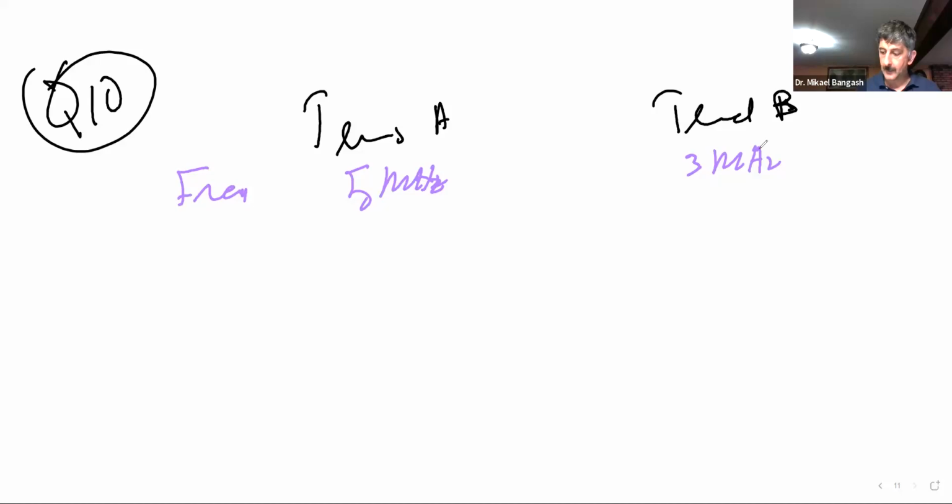Clear? Now, which transducer is more likely to create a more accurate image with respect to axial resolution? Which transducer probably has the lower numerical value of axial resolution? So here they're asking us two things.